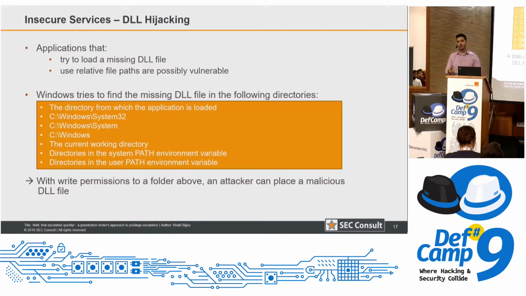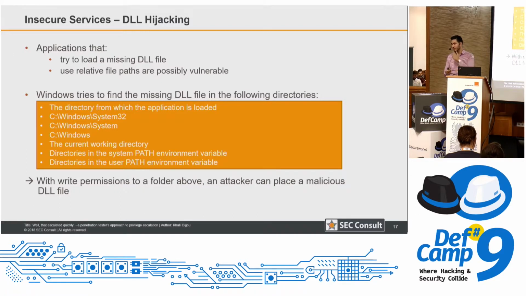What does Windows do if a DLL file is missing? It tries to search for the DLL in certain folders. It starts with the application's folder, then goes to C:\Windows\System32, C:\Windows\System, C:\Windows, and then the current working directory.